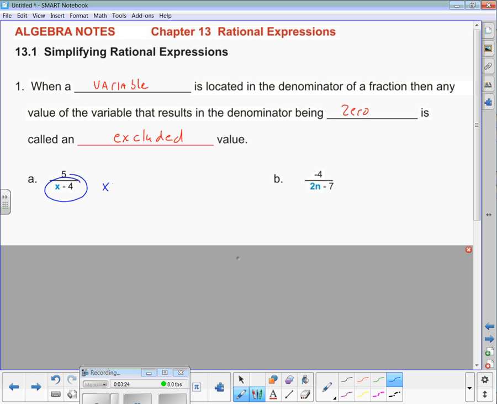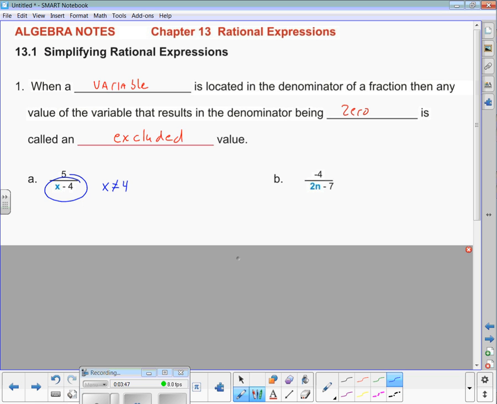So the excluded value is x cannot equal 4. That would answer the question of the excluded value. Now, we didn't solve or simplify the fraction. We simply figured out a value that the variable cannot be. It might be anything else, but it cannot be a 4 because that's going to make the denominator 0.